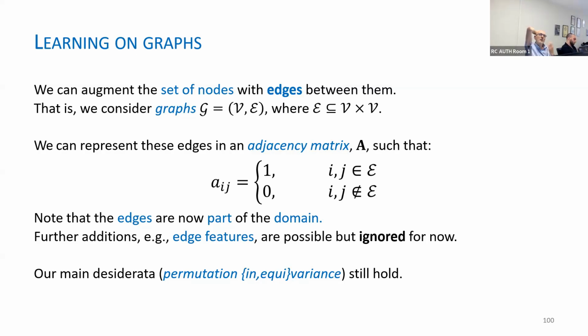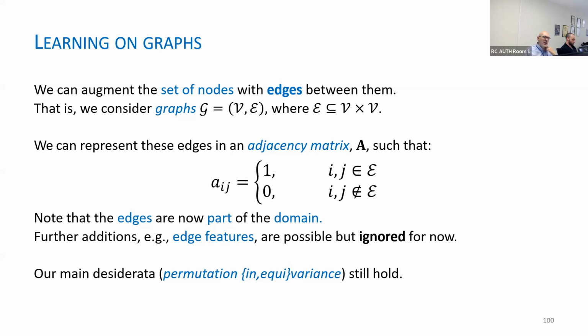This is one of the simplest ways that we have to represent a graph, by using an adjacency matrix. So if two nodes i and j belong to the set of edges, we have 1, otherwise we have 0. And of course, these edges can have some features associated, but for the moment it is not important.